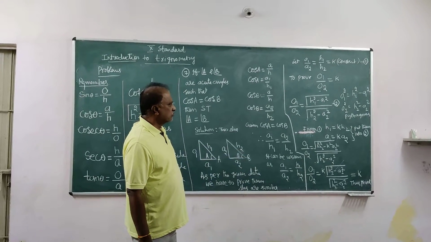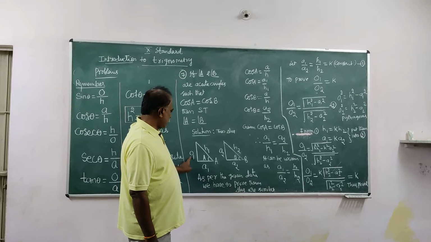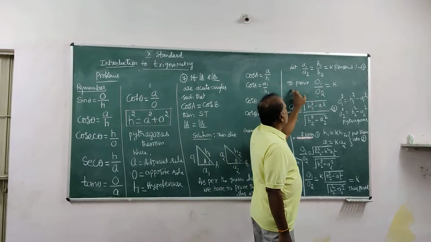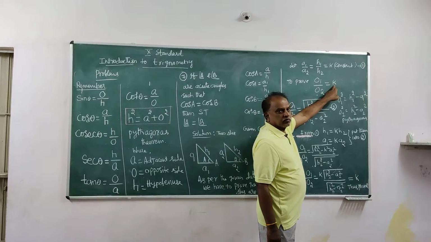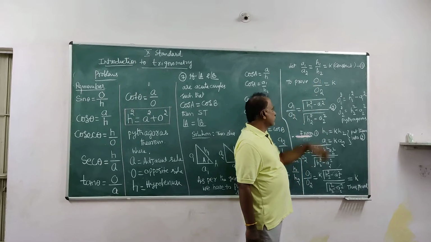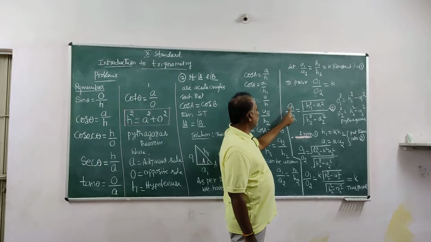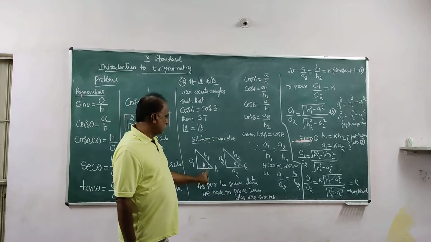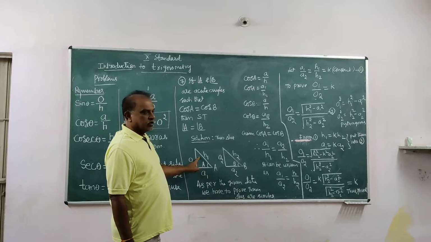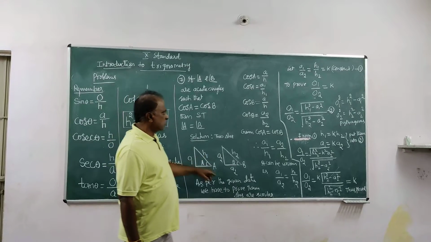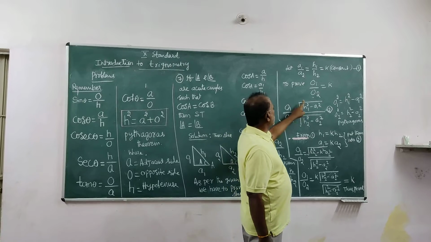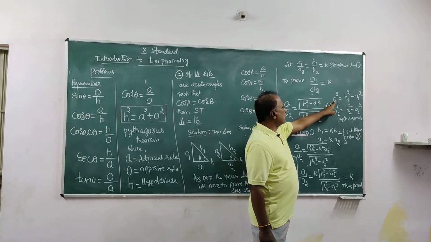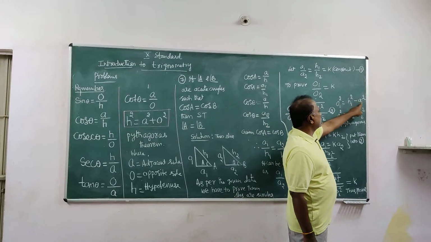Let us check. Let us take the ratio O1 by O2. So to prove this equals k or not, take O1 by O2. What is O1 from this diagram? By Pythagoras theorem, O1 is root of H1 square minus A1 square, because O1 square is equal to H1 square minus A1 square.